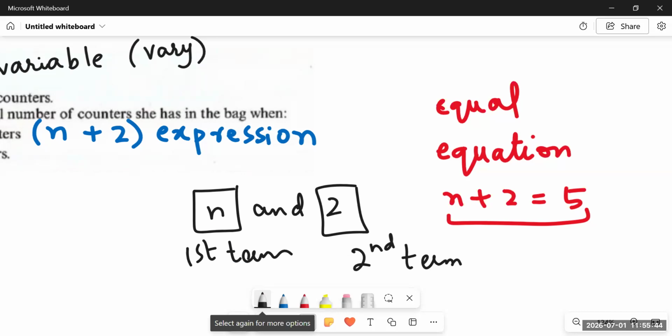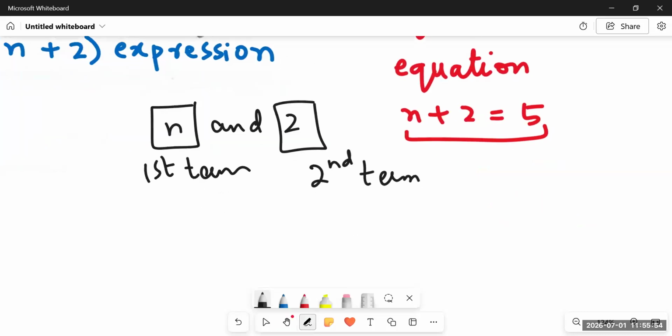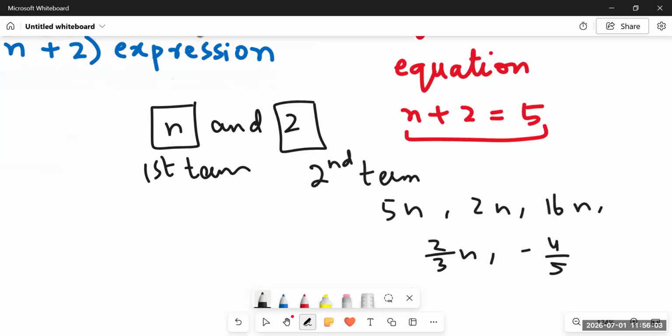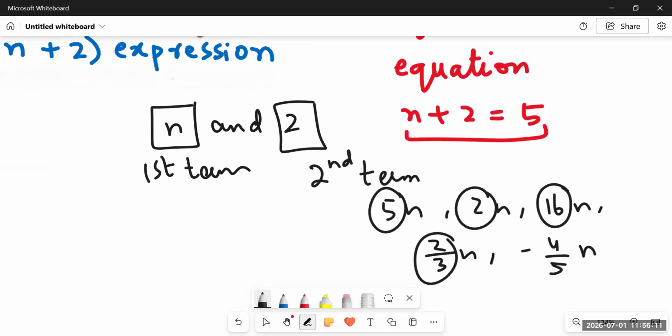This is called a variable, because it can have different values. The number before the variable is called its coefficient. For example, I have 5n, 2n, 16n, 2 upon 3n, minus 4 upon 5n, and so on. Okay, so these are called coefficients. 5 is a coefficient. The number attached to a variable is called its coefficient.